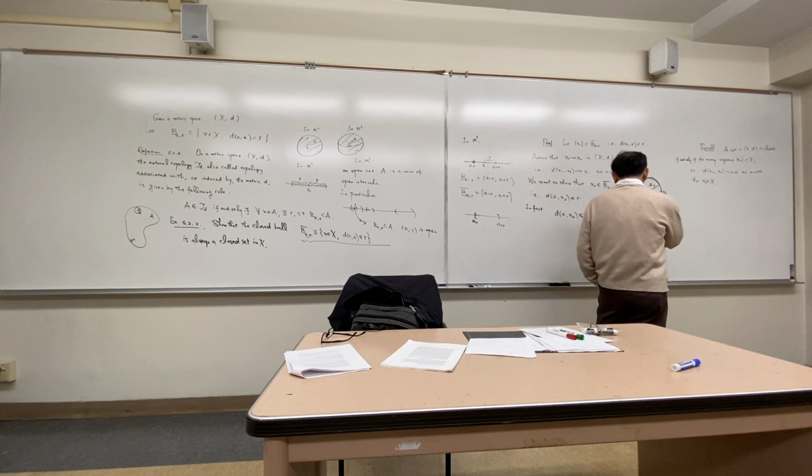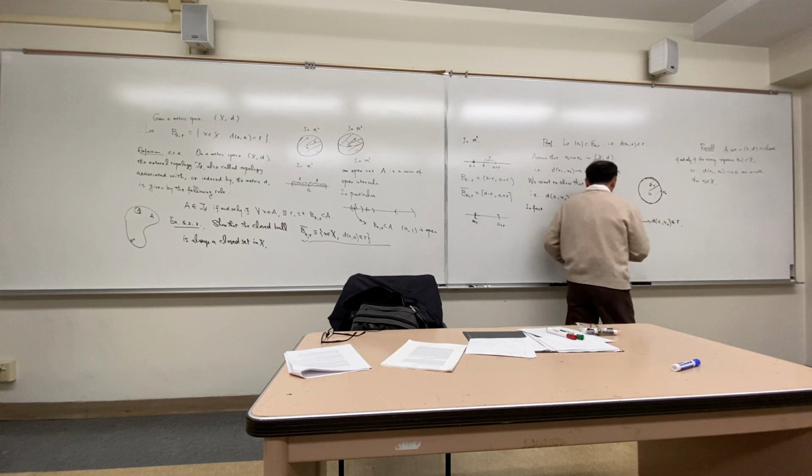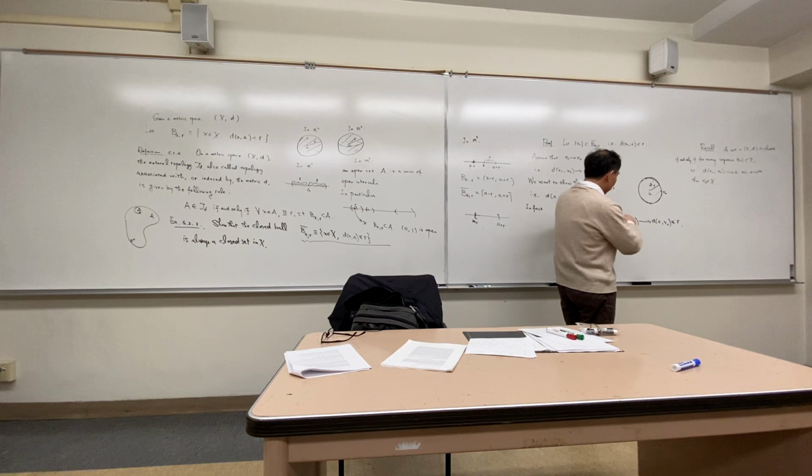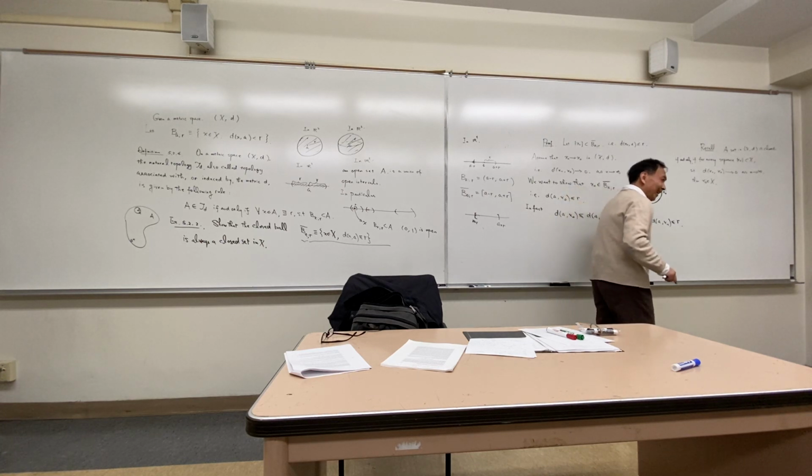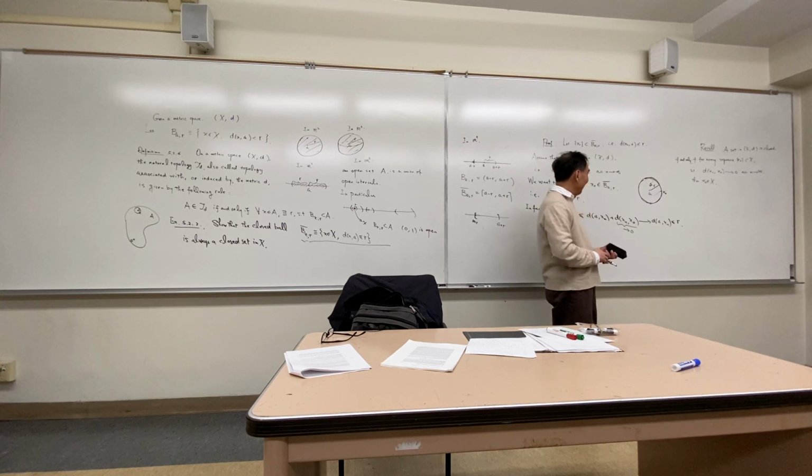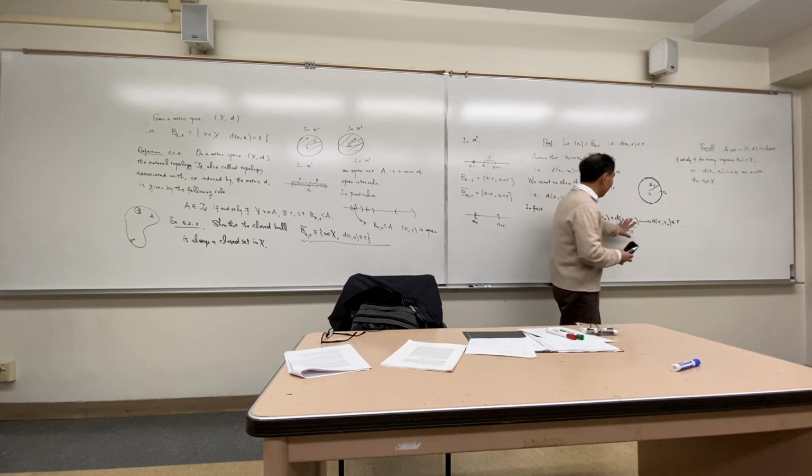No, I mean, goes to, this is not rigorous. It changes. So anyway, it is less than or equal to r, and this goes to 0. But this is not a rigorous argument.